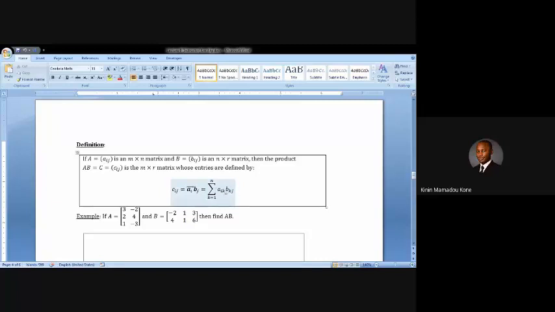So basically it's like a scalar product of the entries of A and B.